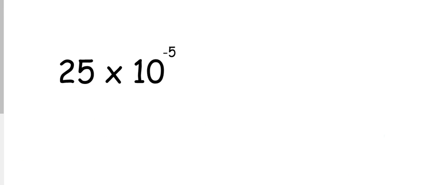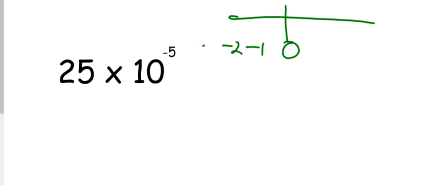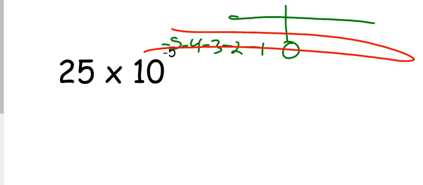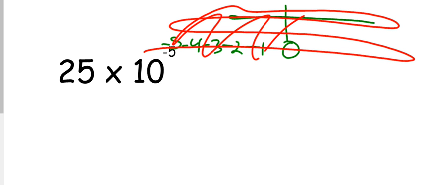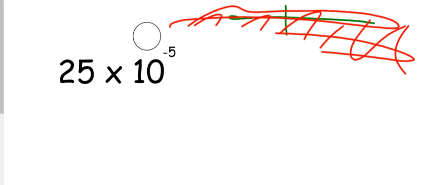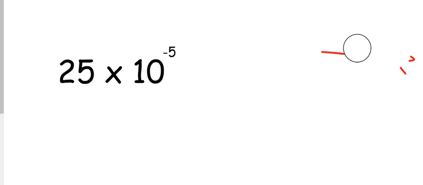Here we go. All right, let's break down this number then. Now we got 10 to the negative 5th. As we look at negative 5th, suddenly we want to think number line, and we want to think 0, negative 1, negative 2, negative 3, negative 4, negative 5. But quickly we need to say that no, that is not the mistake we want to make, because this negative 5 here does not mean the opposite side of the number line.